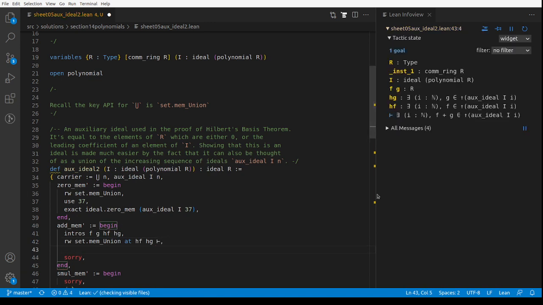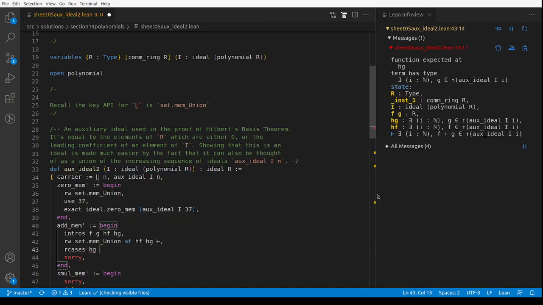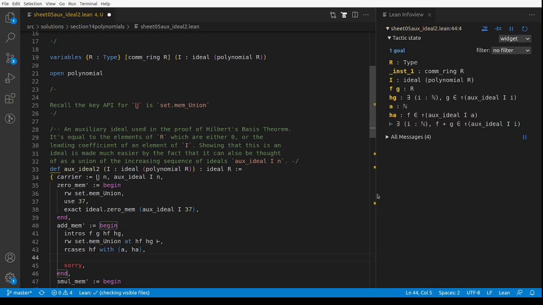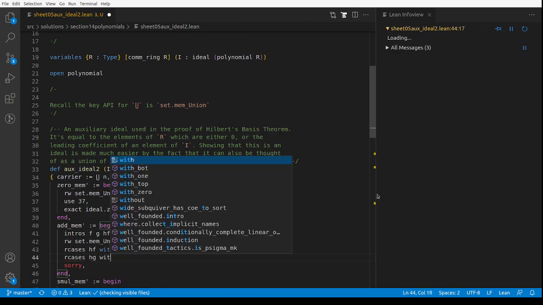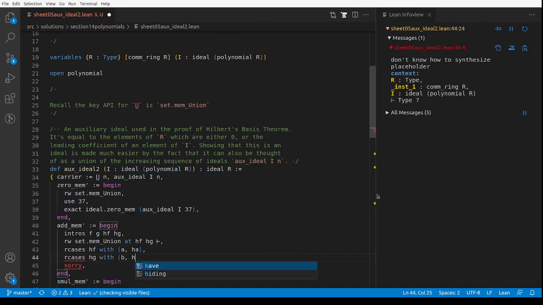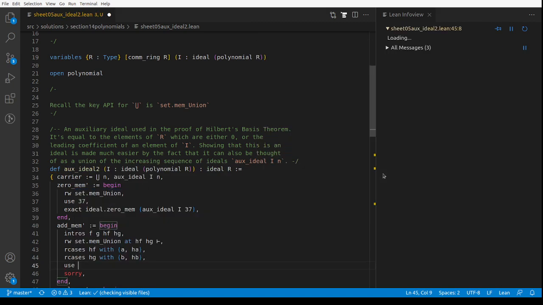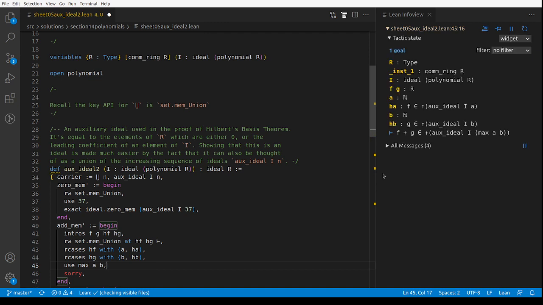And then we can do cases, rcases hf with a, ha, and then rcases hg with b, hb there. So the idea is that f is in at the ath level and g is in at the bth level, so we use max a b there. And why is f plus g in that? It's because the sum of two elements in that is in that.